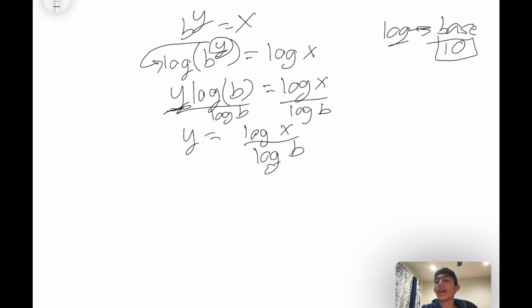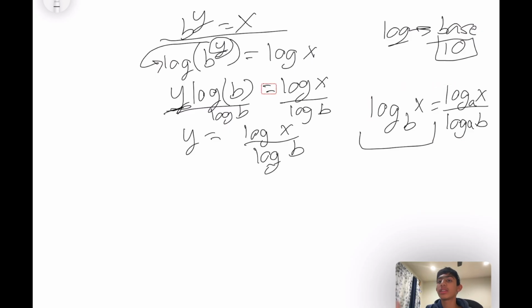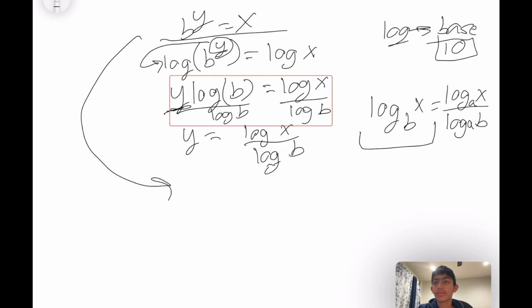Okay, now you might ask, the change of base formula said that log base b of x is equal to log x over log b, and you can put any base you want over here. So to get this part, we will have to take the starting point, b to the power of y is equal to x, and rewrite it as the regular definition of a log.